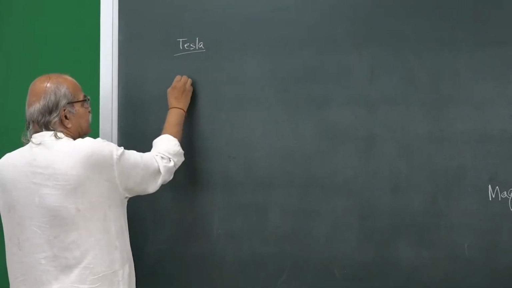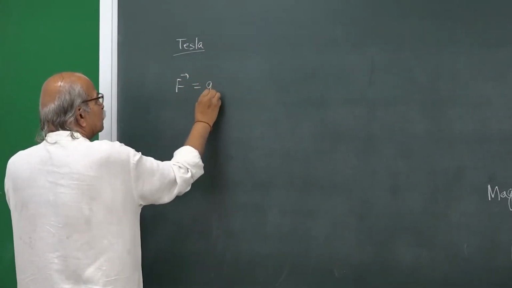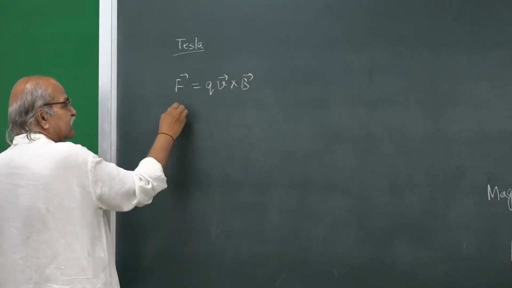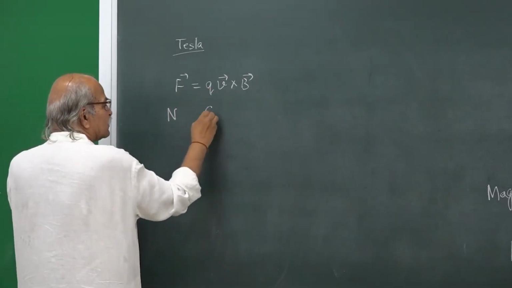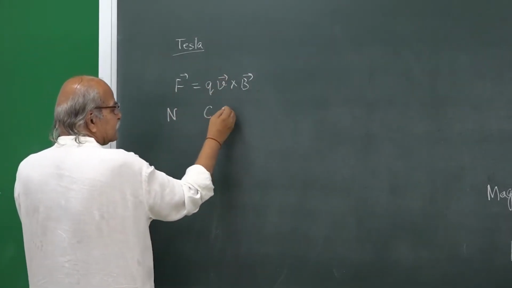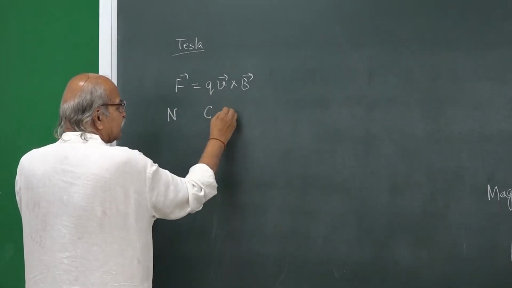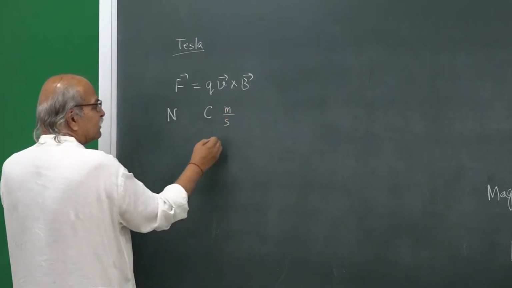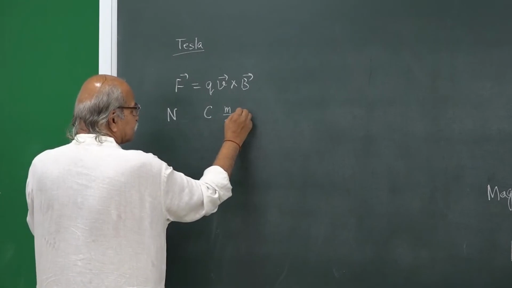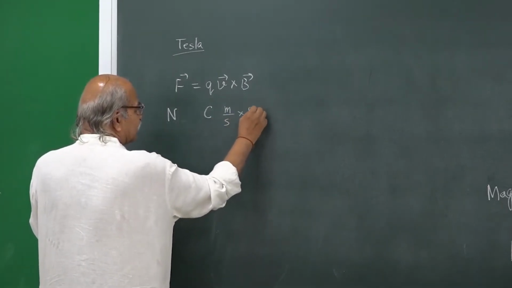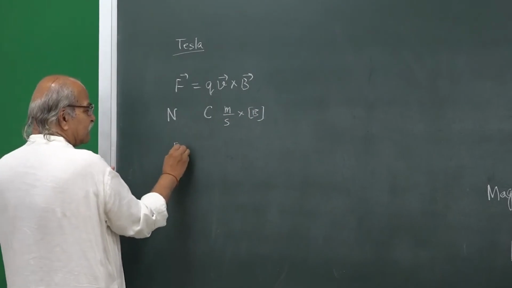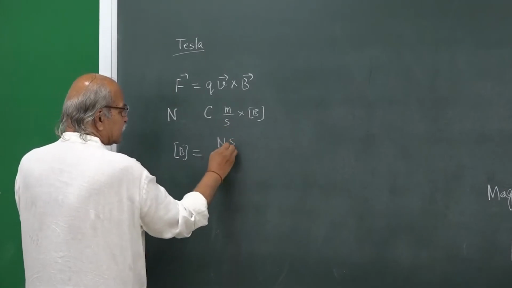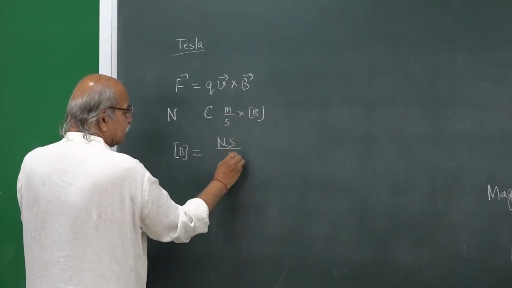If you start with, say, F is equal to q v cross B, then F is in Newton, q is in Coulomb, velocity is distance by time, so it is meter by second, and then the unit of magnetic field is Newton-second per meter per Coulomb.